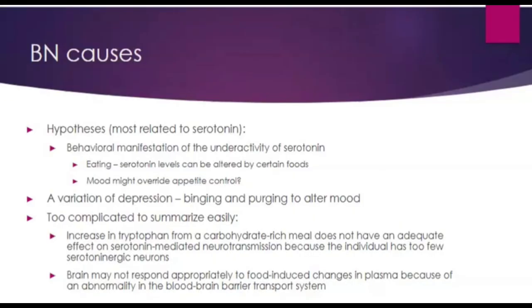The blood-brain barrier protects the brain from an infusion of inappropriate things, and there might be something in the blood-brain barrier of individuals who have bulimia nervosa that doesn't allow serotonin or anything else that's moving in the blood, based on food they've taken in, to actually get to the brain. So serotonin might not be getting to the brain and might be leading to some changes that we see in individuals that have bulimia nervosa. So that could be a potential cause.